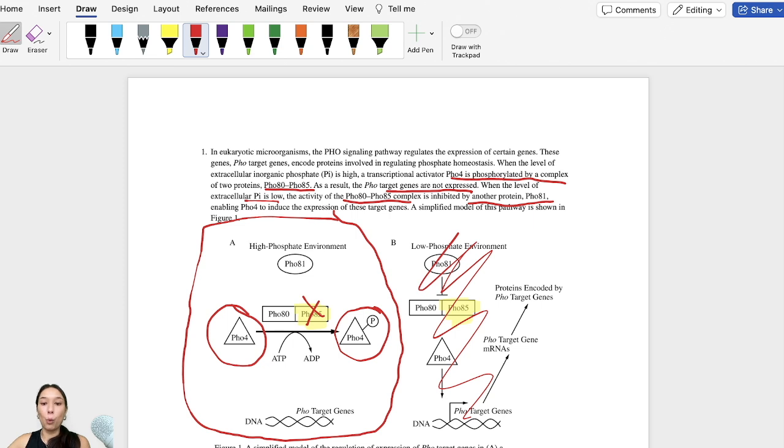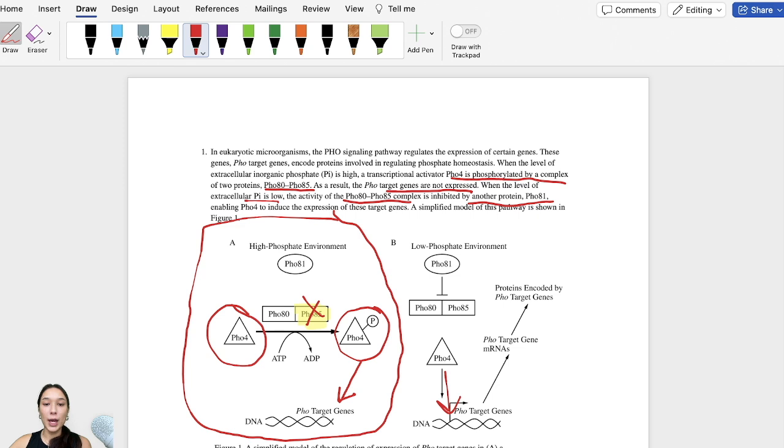And as a result, we saw that a phosphorylated Fo4 meant no expression, and we saw in this one that an unphosphorylated Fo4 results in expression, okay? So I'm going to say that again. These two diagrams showed us that when Fo4 is phosphorylated, you get no expression. When Fo4 is not phosphorylated, you do get expression.